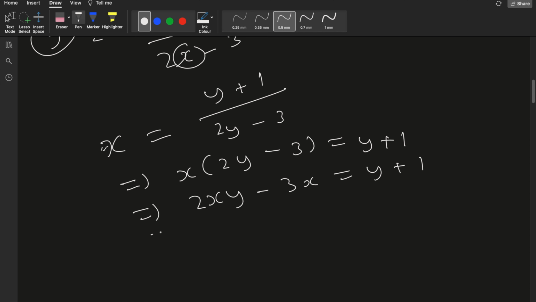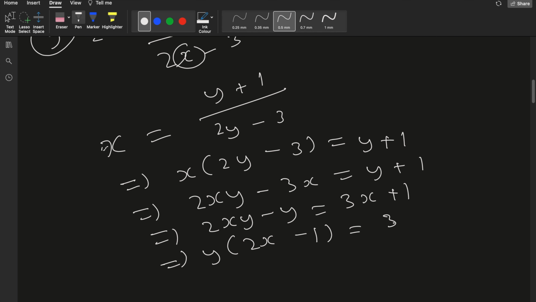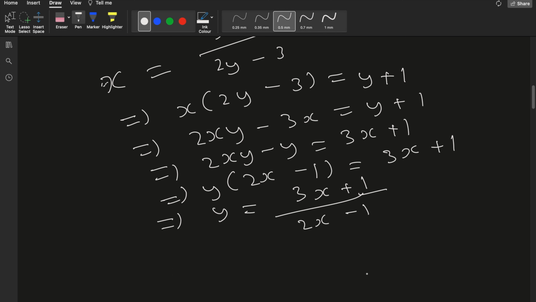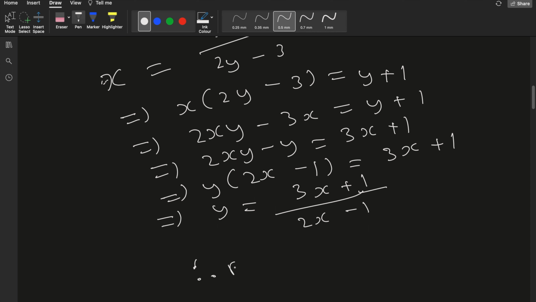Let's transpose to this side: 2xy minus y equals 3x plus 1. Let's take y as a common factor: y into 2x minus 1 equals 3x plus 1, which implies y equals 3x plus 1 divided by 2x minus 1. Therefore, f inverse of x equals 3x plus 1 divided by 2x minus 1. So this is the answer.